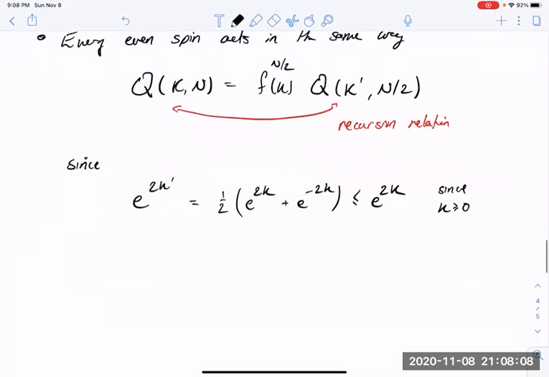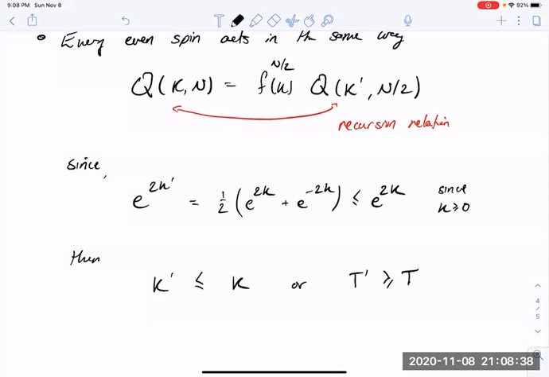So by integrating out half of the spins, what we have done is generated a new Ising model with a strength of interactions that is less than the coupling we started with, or with a temperature which looks effectively higher than the temperature we started at.